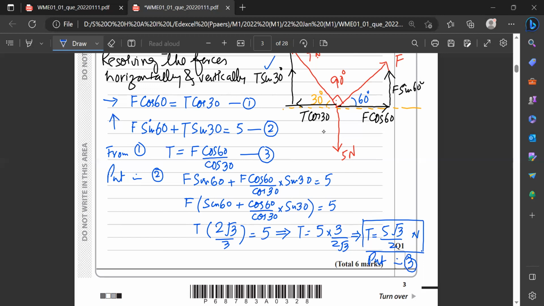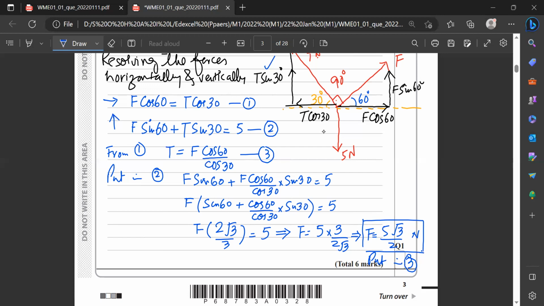So we have the value of F. F is equal to 5 root 3 over 2, and you can use this value in number 3. Multiply by cos 60 divided by cos of 30.